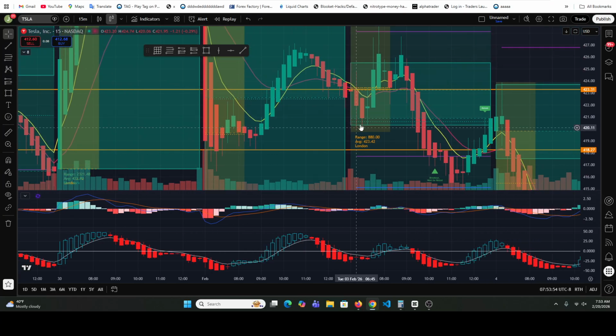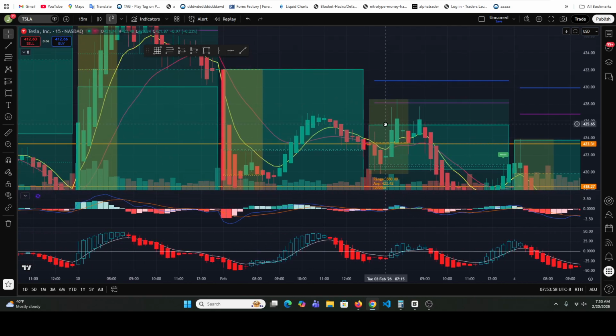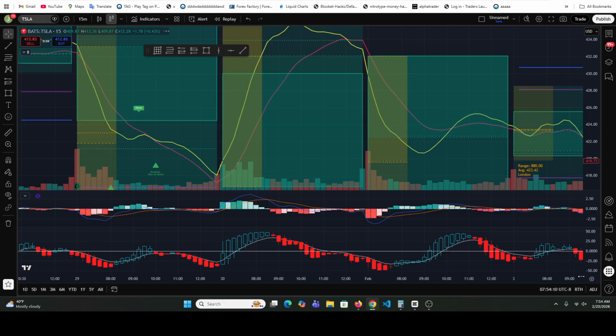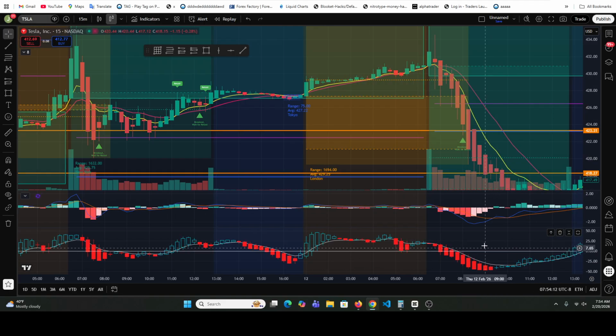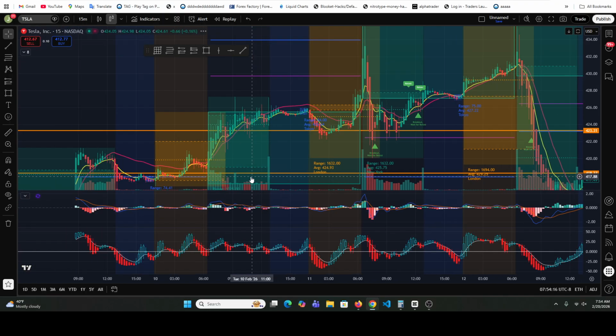Remember that when you're trading individual names, these have regular trading hours. If you want to see the London and Asian session, which doesn't really matter, but if you just need that extra area to be able to see where you're at in the market, you can turn them on.